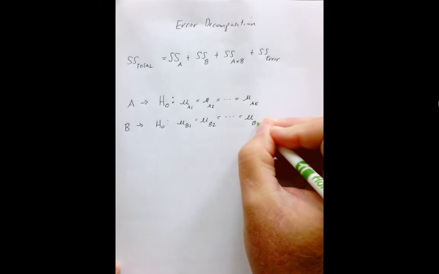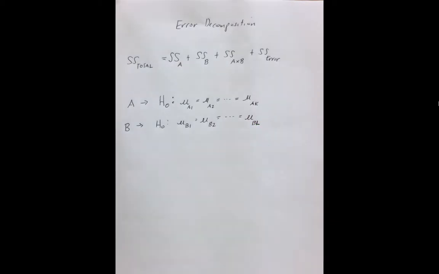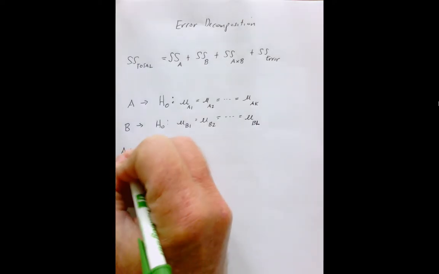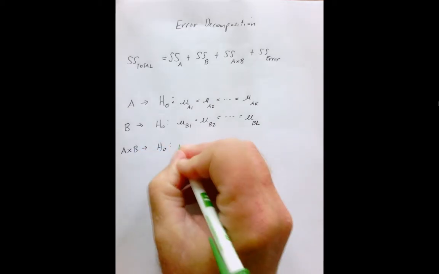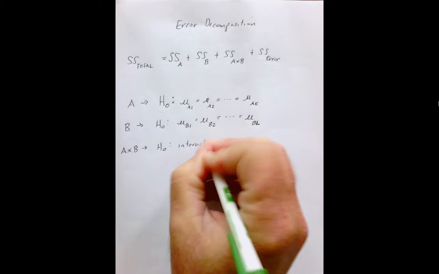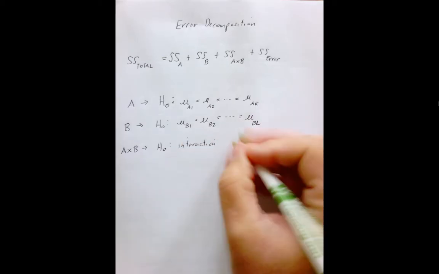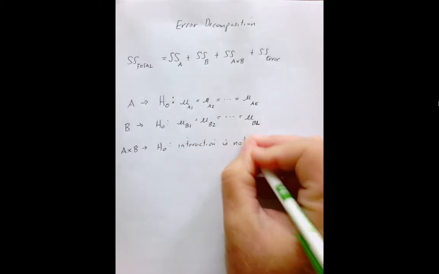And let's say we have L groups for factor B. And then for the interaction, we'll have a null hypothesis. And we'll just say that the interaction is not significant.